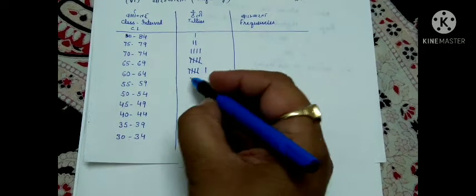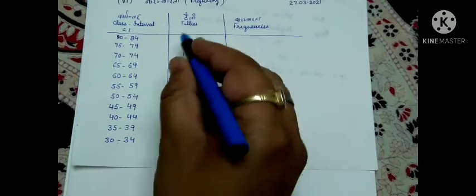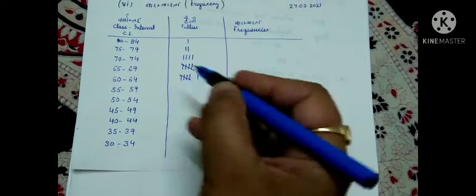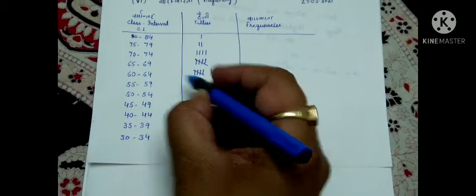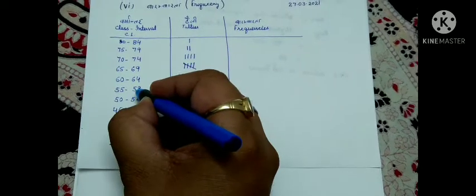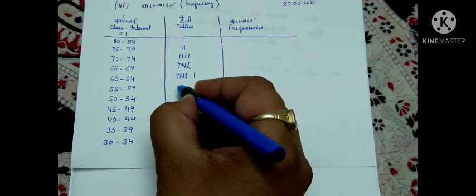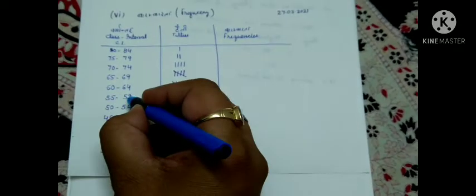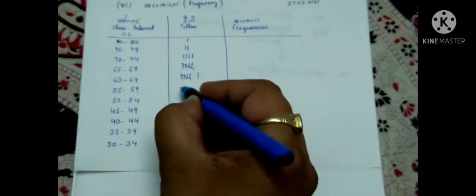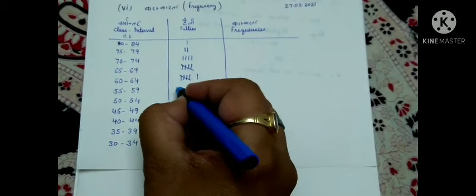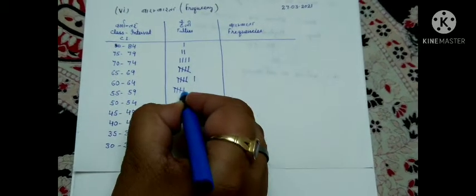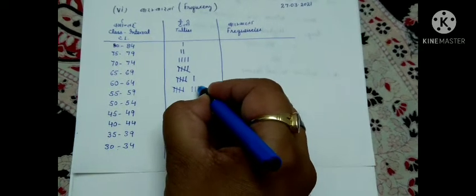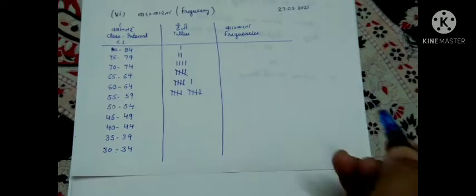So in this class interval, 10 students are lying or existing. Means we can say that 10 students have secured marks varying from 55 to 59. मतलब 10 बच्चों ने यहाँ पर मार्क्स 55 से ज़्यादा और 59 या 59 से कम पाए हैं. तो टैलीज को इस तरह से लगाएंगे 1 2 3 4 5th टैली 6 7 8 9 10 tallies.